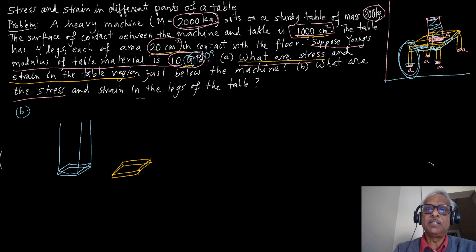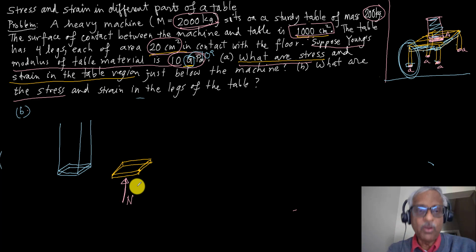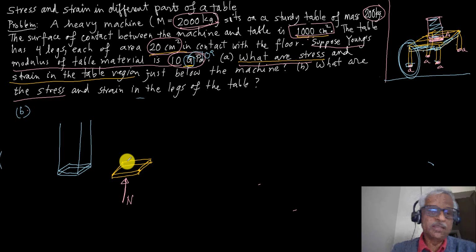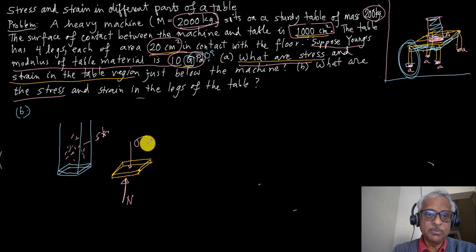There is the normal force from the floor on this leg, and then there is a force from the other part of the table. The stress in this part of the table was some sigma times this area, say, little a.